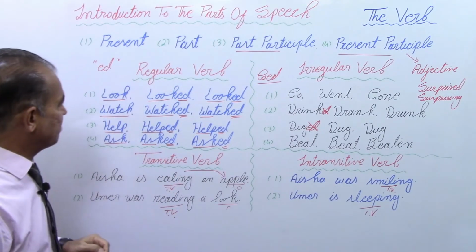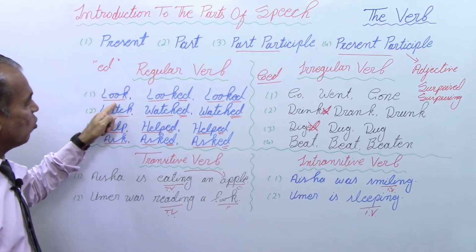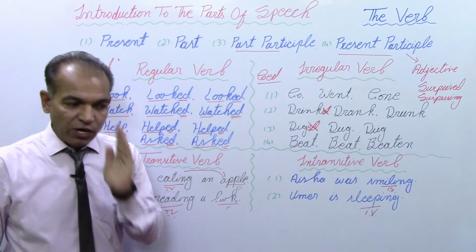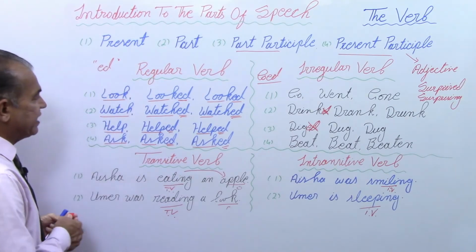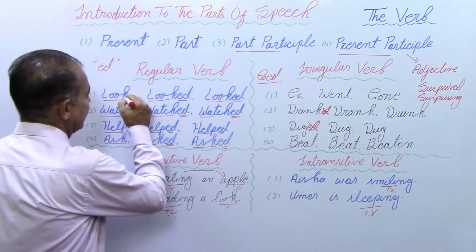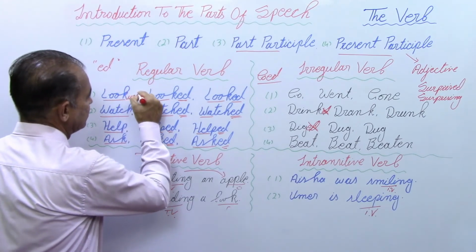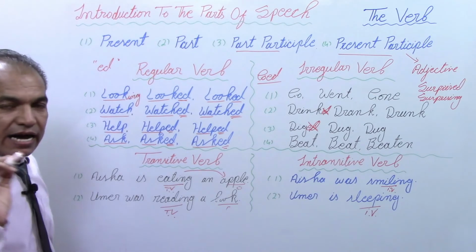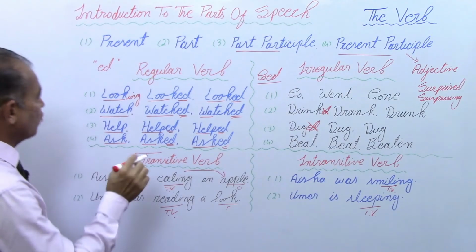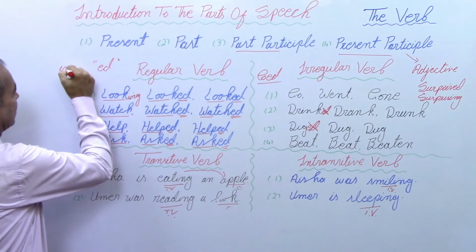Let me tell you that simple method. You can see that LOOK is the first form of the verb. You will simply add ing at the end of the first form, and it will become the fourth form of the verb.